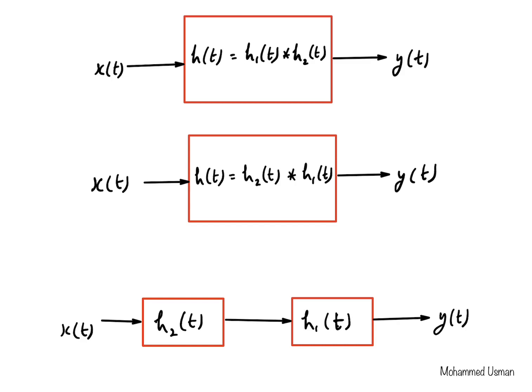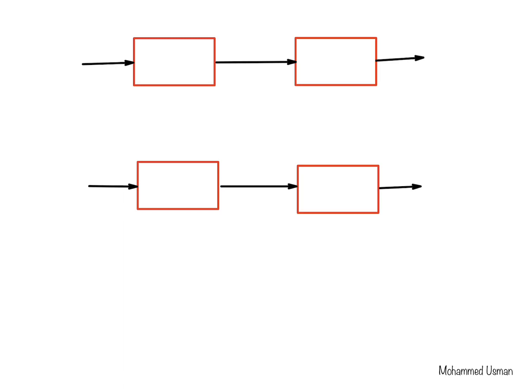So let's look at an example where such an interchange, changing the order of the systems, is not valid. If it's an LTI system, it is valid, but if there is nonlinearity in the response of at least even one of the systems, then we cannot interchange or change the order of these subsystems.